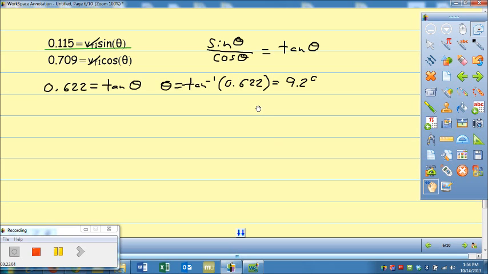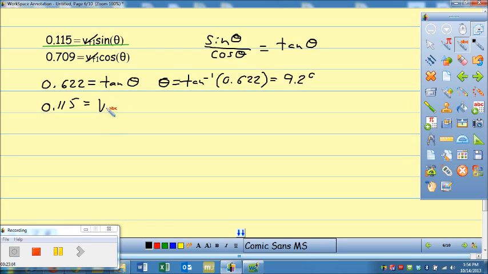How are we going to get VF1? Well, we could look at our first equation, which says 0.115 equals VF1 times sine of theta. Oh, those should just be V final, yes, it's VF1 times the sine of theta.